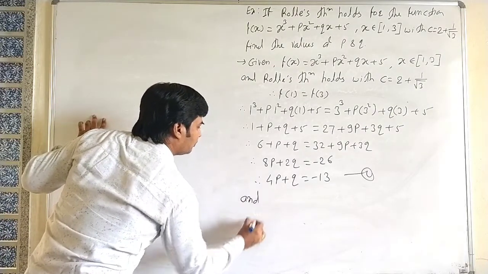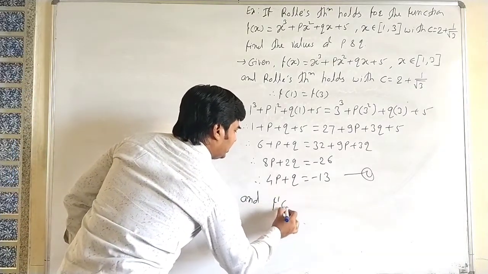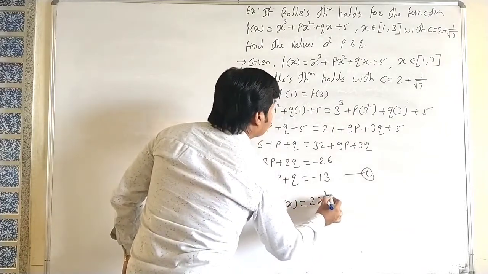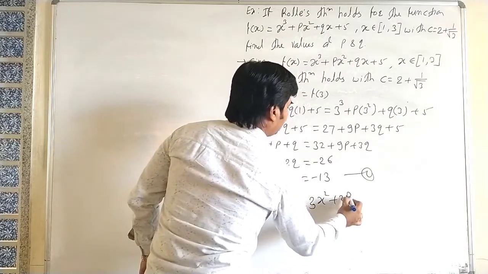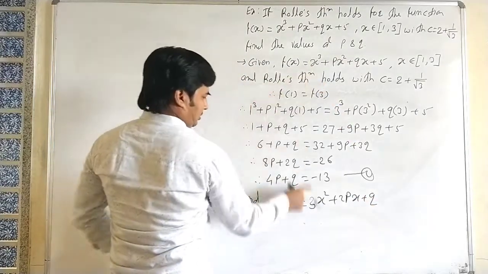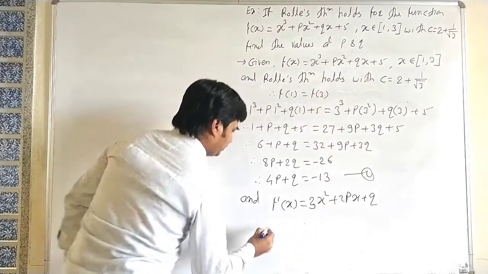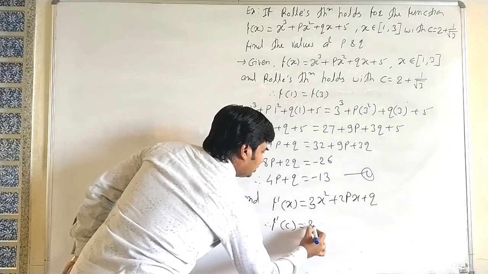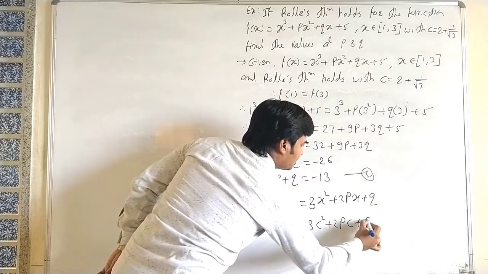Then next condition, it is f dash of c equal to 0. Therefore f of x, and then f dash of x is equal to 3x square plus 2 into px plus q. It is 3x square plus 2px plus q, it is the derivative. Therefore f dash of c is equal to 3 into c square plus 2p into c and plus q.